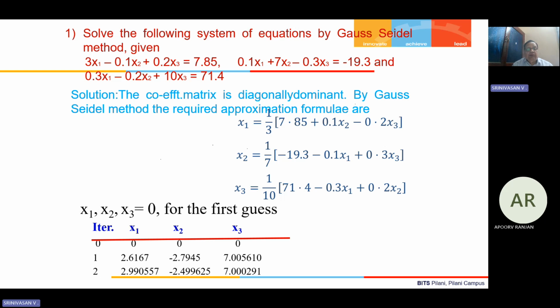Are you getting the equation satisfied? You get everything positive, isn't it? 9.39 something. It's positive, I think. Minus 2.5. Okay. So everything is positive. 3 into 3, 9.